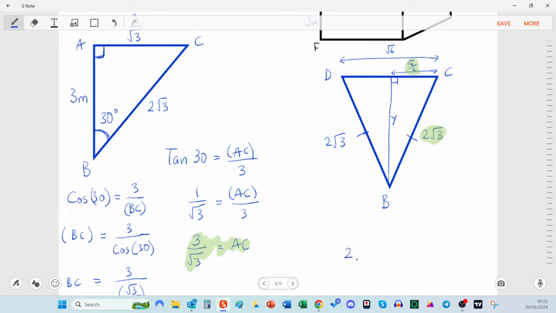So it's going to be 2 root 3 squared as the hypotenuse, subtract root 6 over 2 squared, square rooted. That's equal to y.